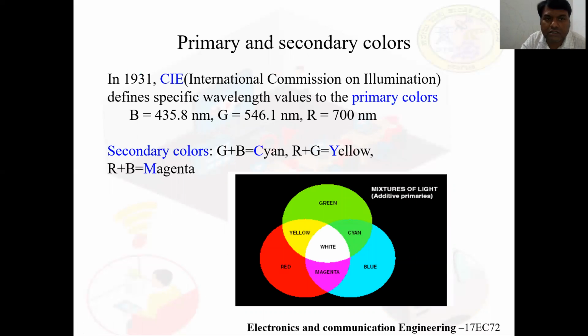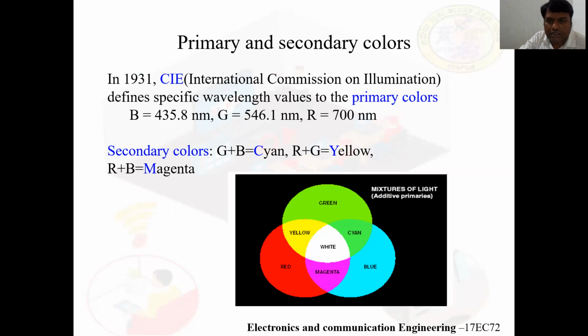Primary and secondary colors. In 1931, the CIE, the International Commission on Illumination, defined specific wavelength values for the primary colors. For blue, 435.8 nanometers. For green, 546.1 nanometers. For red, 700 nanometers.